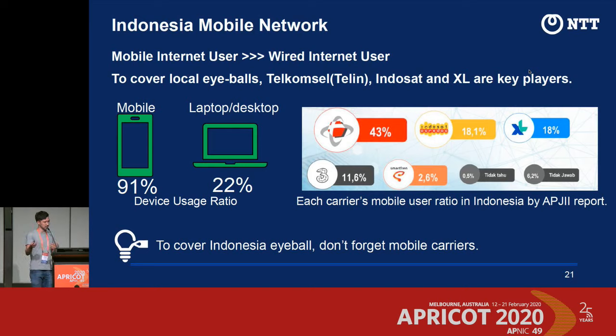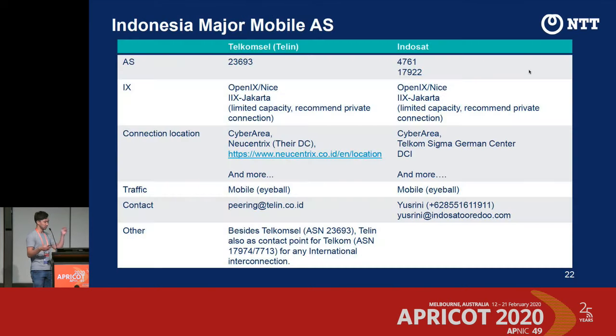We also got a lot of inquiries: Hey, Togashi, how can I reach out to the Telkomsel and Indosat engineers? On the next slide, I did an interview with Telkomsel and Indosat. You can contact each of the PICs if you want to have peering or IP transit.